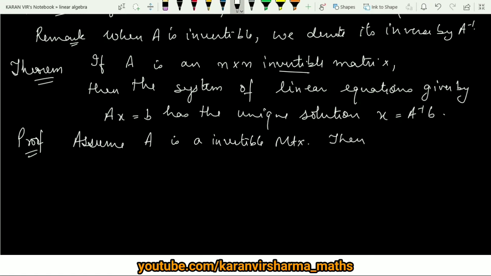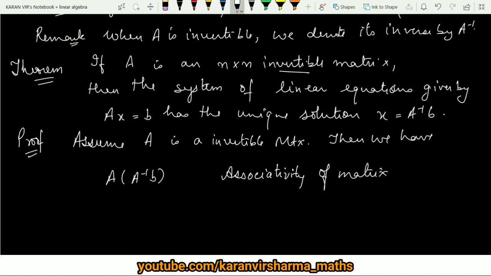Then we have, you can just manipulate this, A into A inverse B. Since we know that the associative law holds, by associativity of matrix multiplication, I can write A into A inverse B as A into A inverse, into B. Again, we know the definition of inverse.